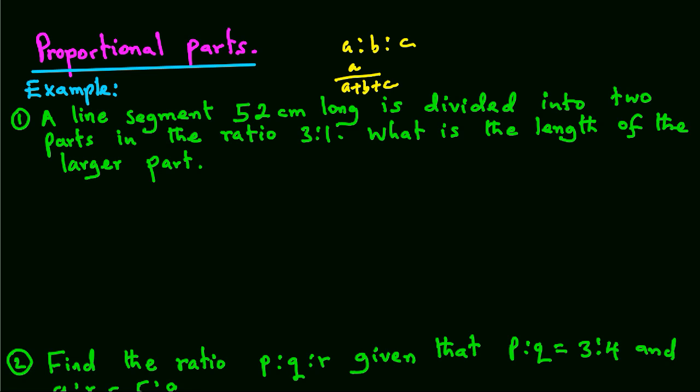For example, in question 1 here, a line segment which is 52 centimeters long is divided into 2 parts in the ratio 3 to 1. What is the length of the larger part? So here we have total ratio equals 3 plus 1, so that is 4.